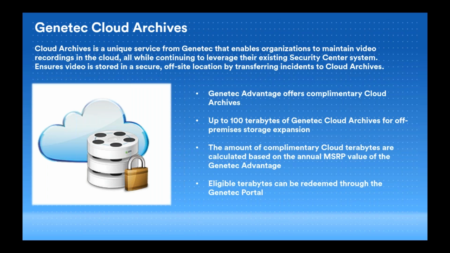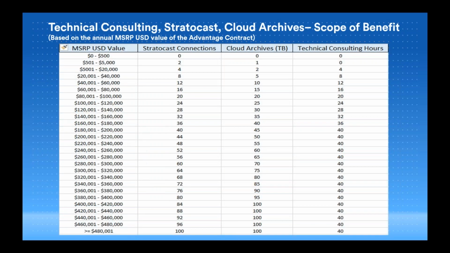And these can also be redeemed through the GTAP portal. The next slide will show you the dollar value of the Advantage contract on an annual basis in MSRP USD, and as it correlates to the amount of complementary benefits that the customer would be entitled to receive.